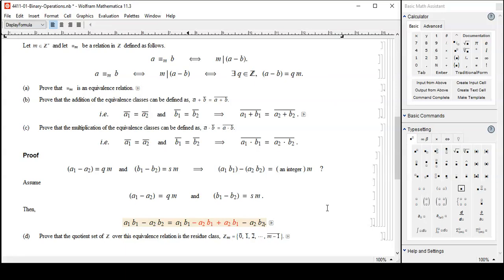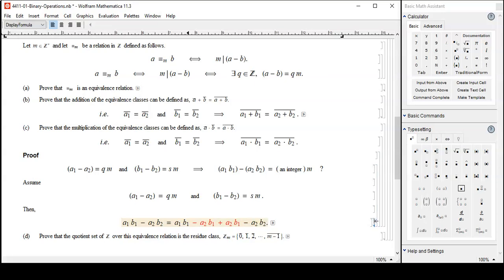Just minus A2B1 plus A2B1. Because I subtracted and then added the same thing, no difference there. Net change is 0. But this allows me to take this factor B out and that factor A out.